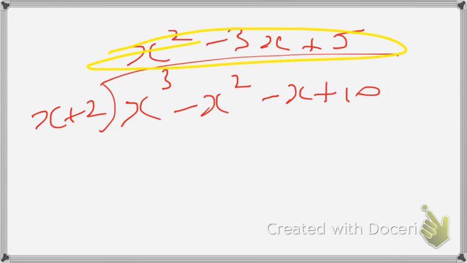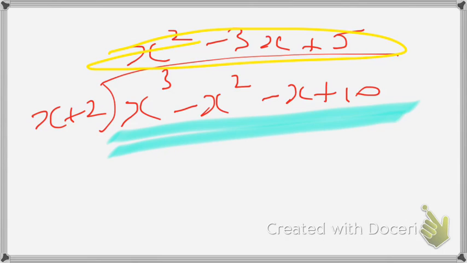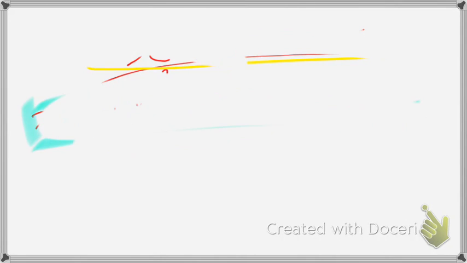What I want to remind you of, and this is useful for the next video, is this: let's say I know that this polynomial can be divided by this and leave no remainder.